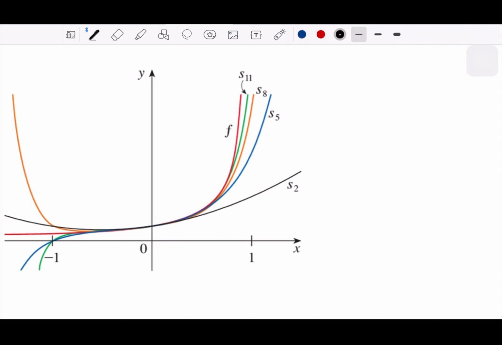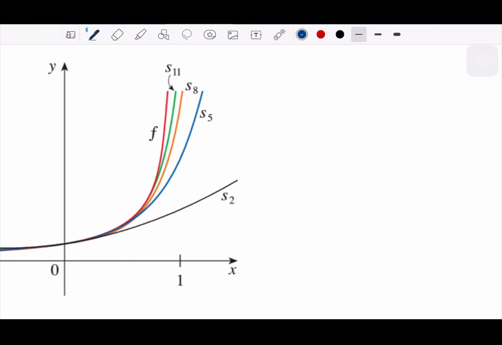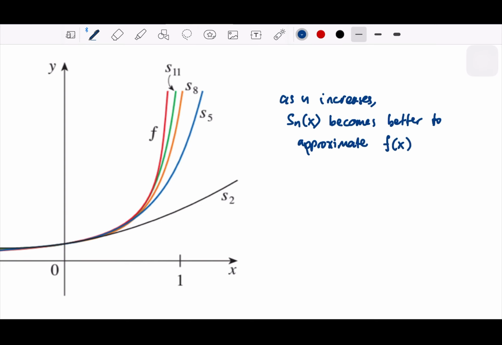So we can say that as n increases, the Sn, or the partial sum, becomes better to approximate the function for the interval negative 1 to 1.